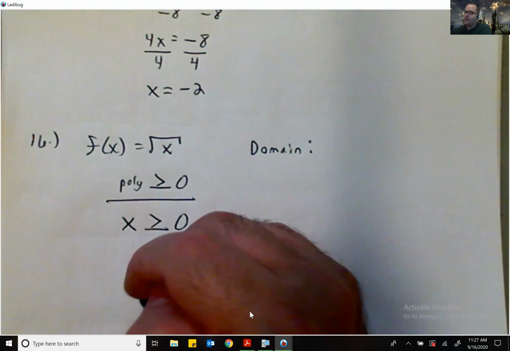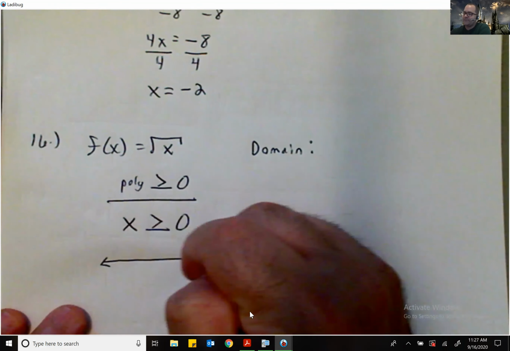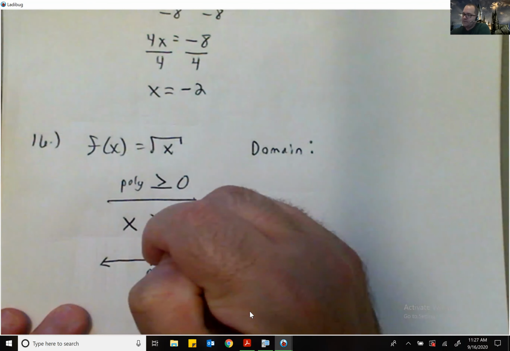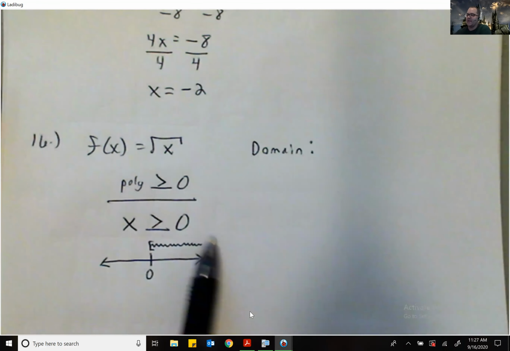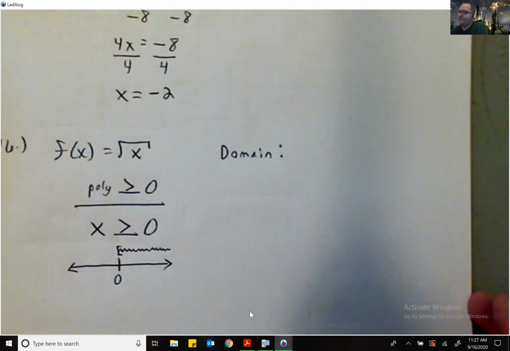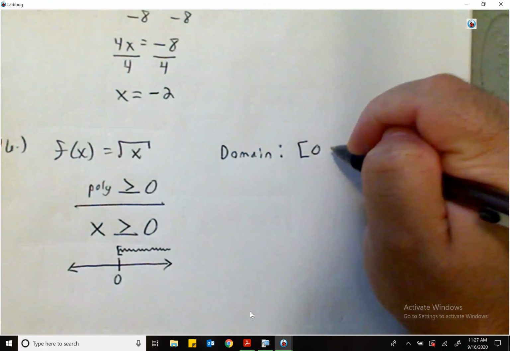For interval notation, if you make a quick graph of this, 0 is in the middle, it's a bracket, and we shade to the right. So what does this look like as interval notation? Bracket 0 to positive infinity.